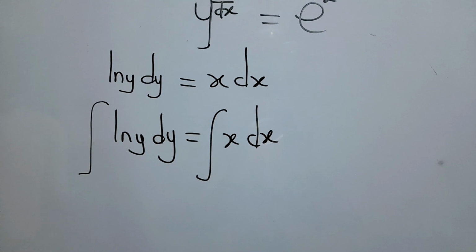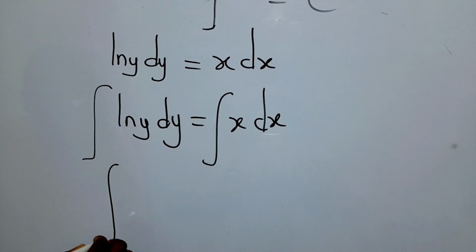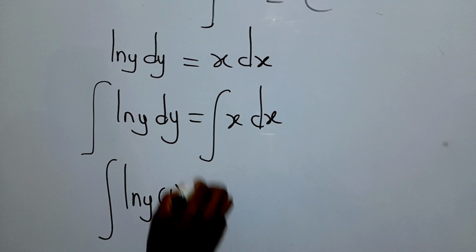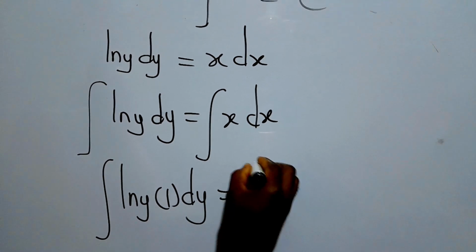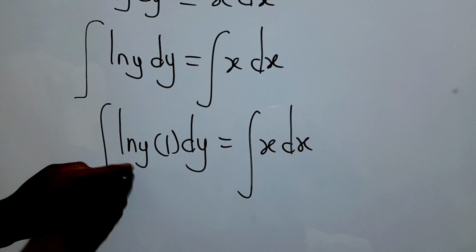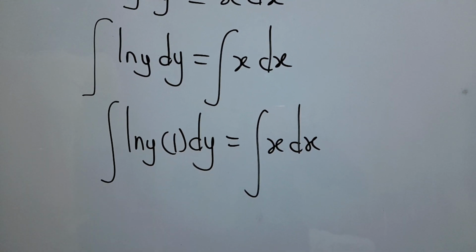We need to use integration by parts. This can be rewritten as the integral of ln y times 1 dy equal to the integral of x dx, and I'll integrate by parts.